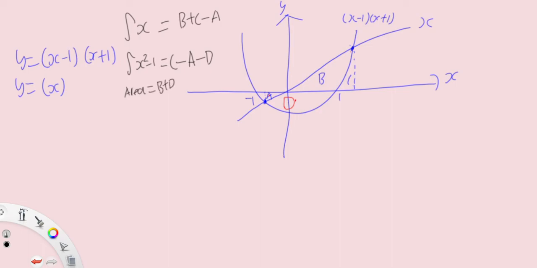So how do you get B plus D? You have minus D here. So let's try integrating x minus integrating x squared minus 1. What do you get?